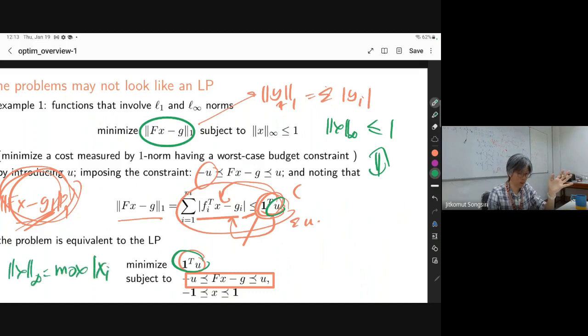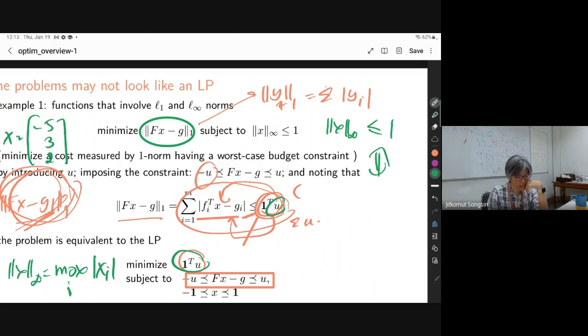The maximum magnitude of all entries of x. For example, if x is minus 5, 3, 2, the infinity norm of x is 5, the maximum magnitude of all entries.